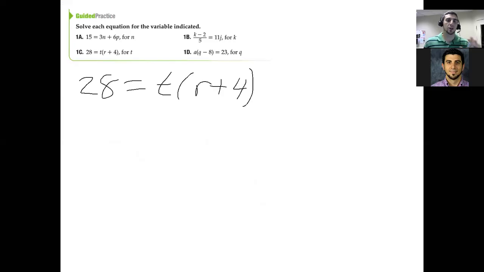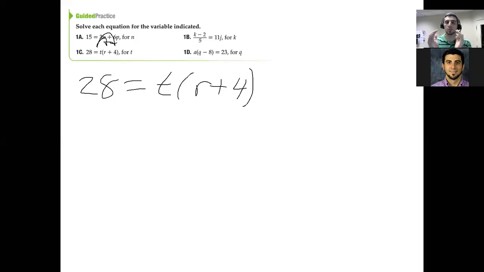All right, so 28 equals t times the quantity r plus 4. If I want to solve it for t, I know you were probably tempted to distribute the t, but that's only going to complicate things because now you have two terms with a t in them. And what are you supposed to do with that? Since it's t times the quantity, we just need to get rid of that quantity and t would be by itself.